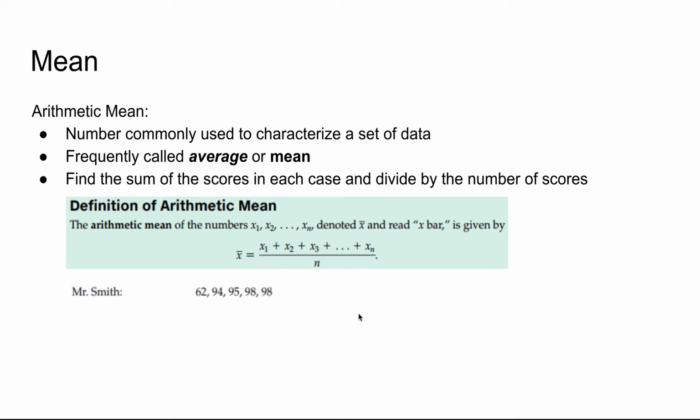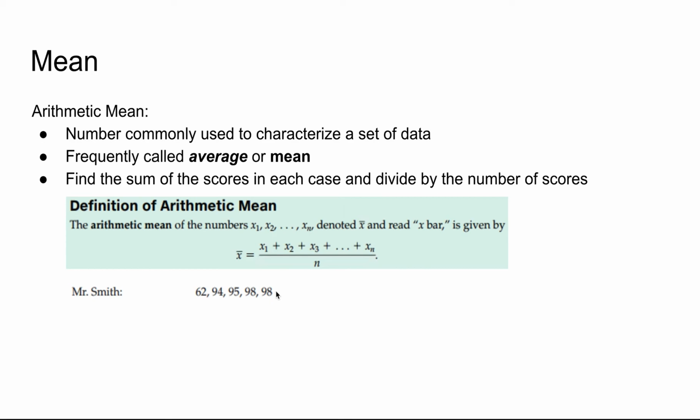For example, in Mr. Smith's class, the scores were 62, 94, 95, 98, and 98. Let's say in Mr. Smith's class, you scored first test as 62, second test as 94, third test 95, fourth 98, fifth test you got 98.